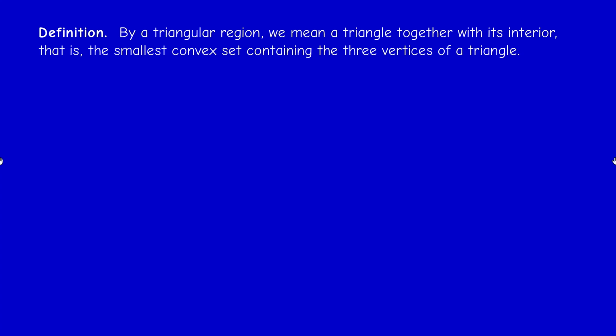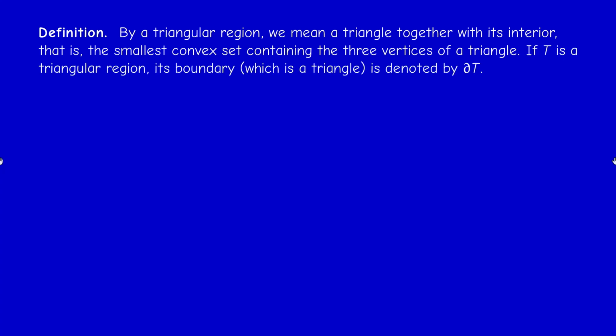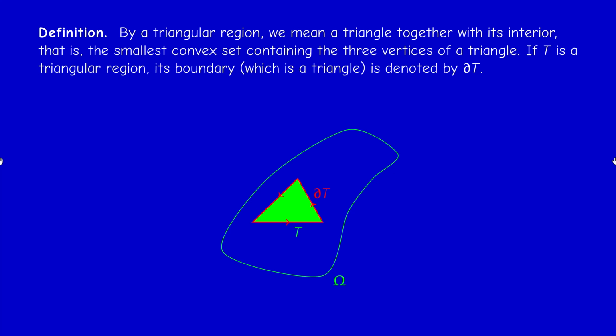So we will distinguish between a triangle and a triangular region. For us, a triangle is just the three sides, so it's the boundary, actually. A triangle is just the boundary, and the triangular region is the boundary and what is inside. You can call it a solid triangle.